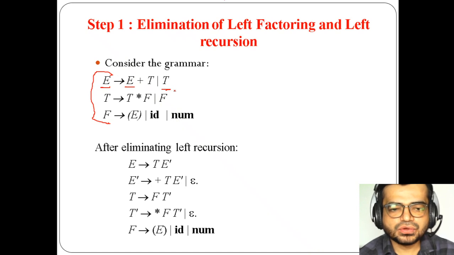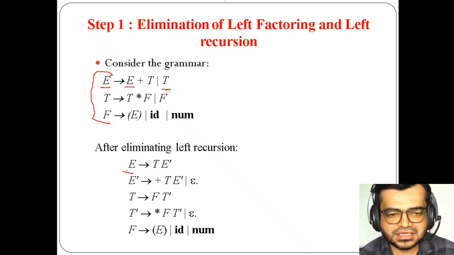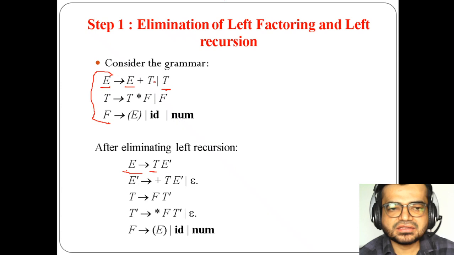So in this line E is taken as T, because T exists in both productions. That means E goes to E plus T and E goes to T. So first we have taken T, and instead of E we have taken E dash.